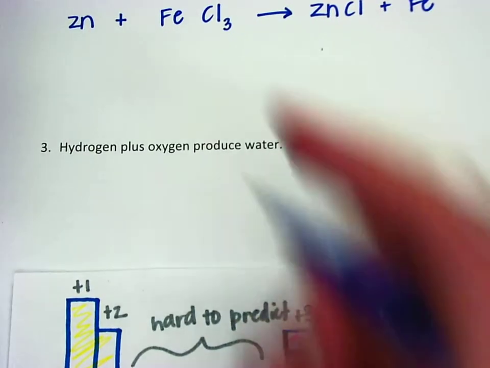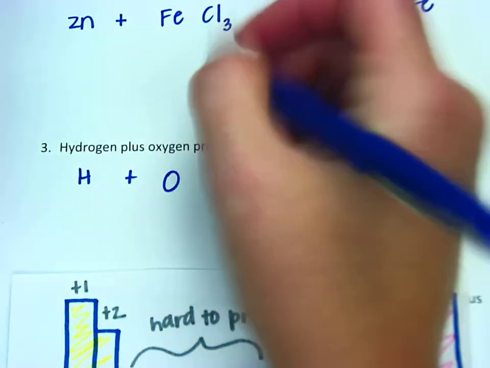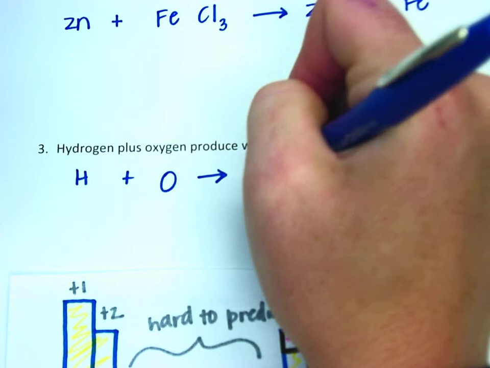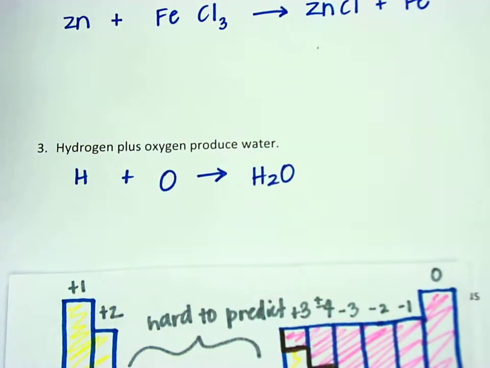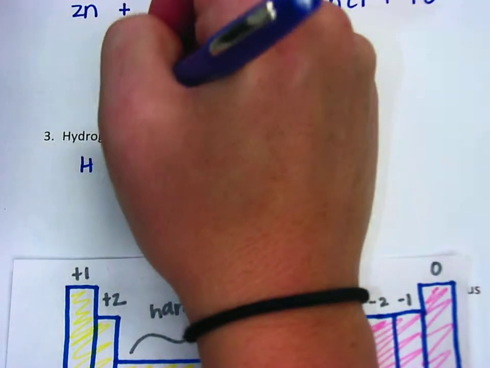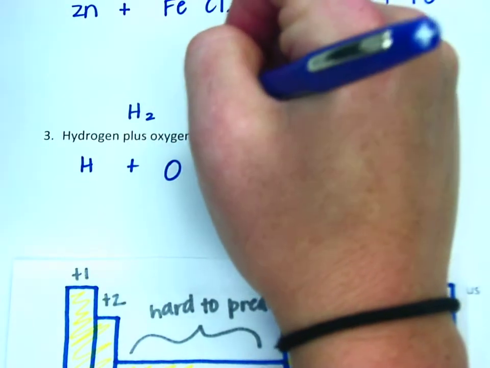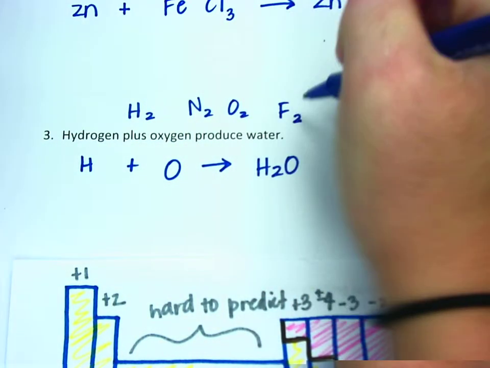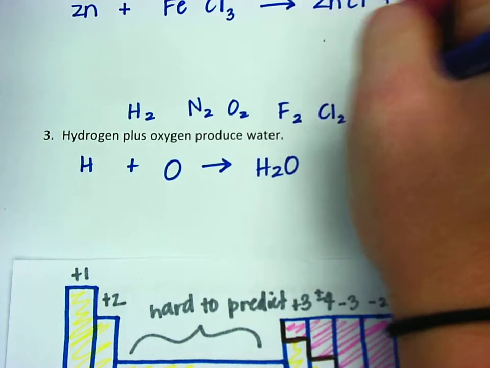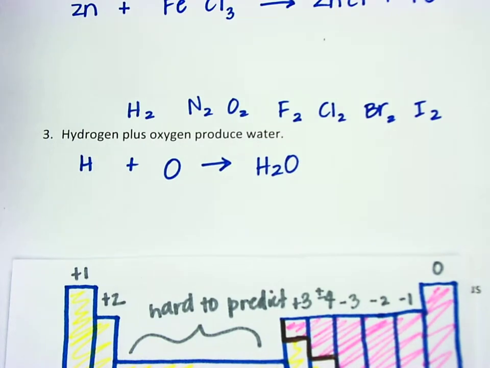This one is pretty easy. Hydrogen plus oxygen makes water. A lot of you would think that is the correct equation. However, it is not. Because anytime you have an element by itself, you need to check and make sure it's not diatomic. The 7 diatomic elements that will never appear by themselves: hydrogen, nitrogen, oxygen, fluorine, chlorine, bromine, and iodine. 1, 2, 3, 4, 5, 6, 7.